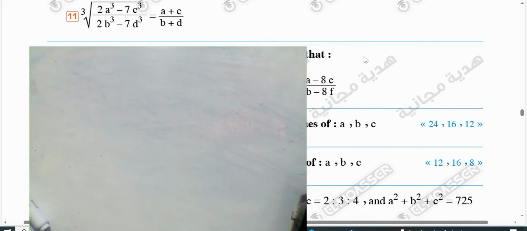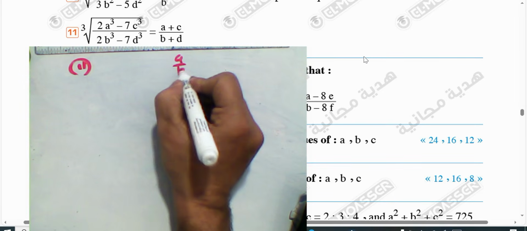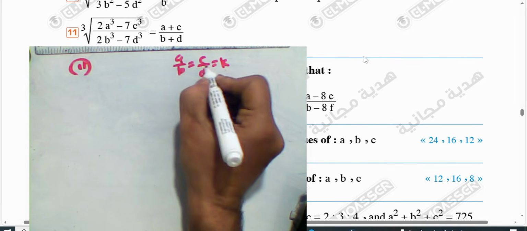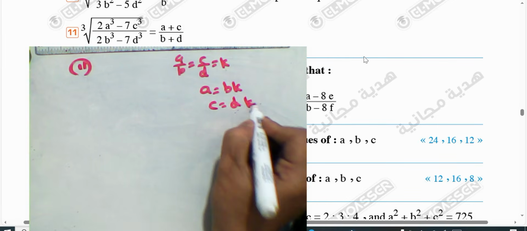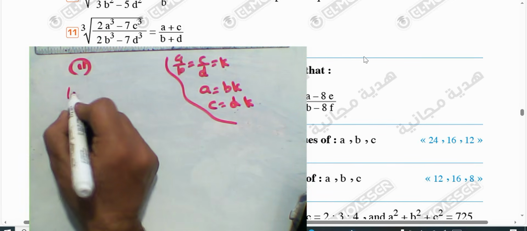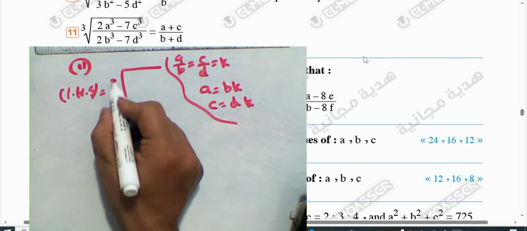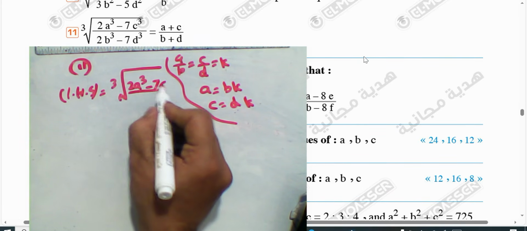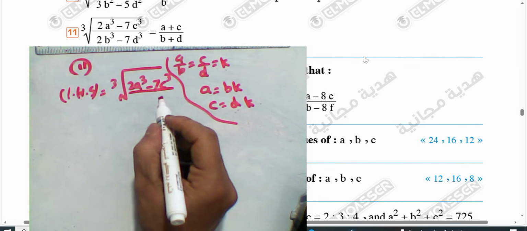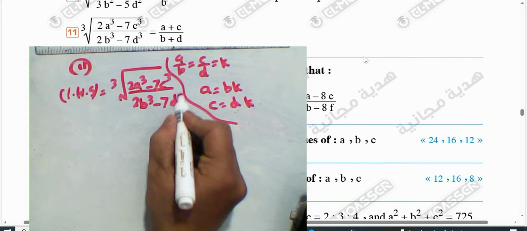Next question. Number 11. We have A over B equal to C over D equal to constant K. In this case A equals BK and C equals DK. Then we have the left hand side, cubic root of 2A power 3 subtract 7C power 3 over 2B power 3 subtract 7D power 3.